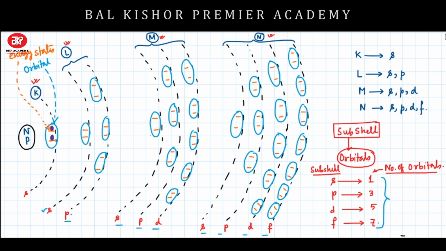So electrons originally reside on the energy states. Here only one electron can reside, and here only one electron can reside. In this way, electrons can reside in these energy states.